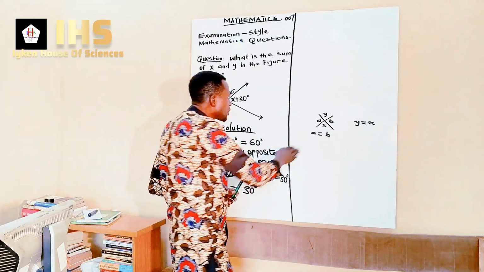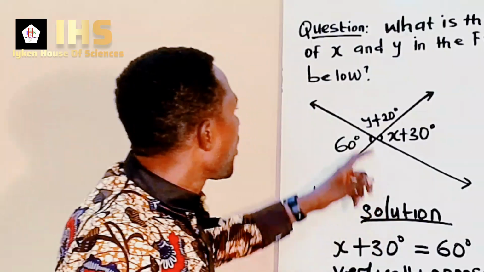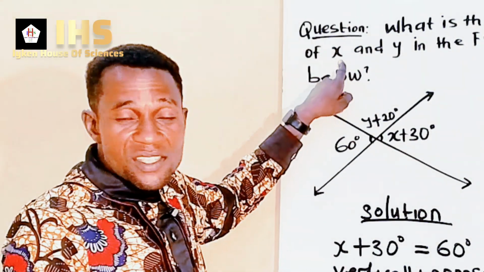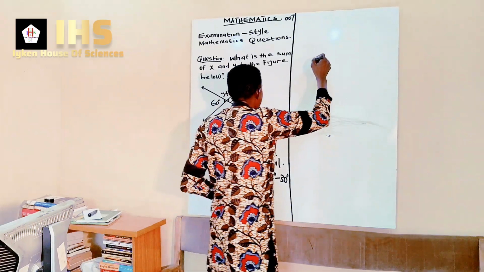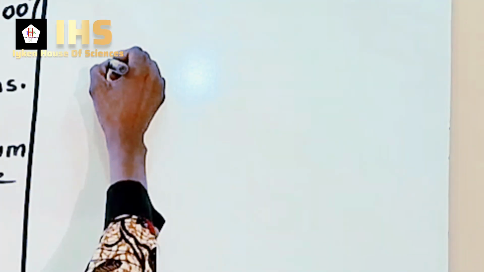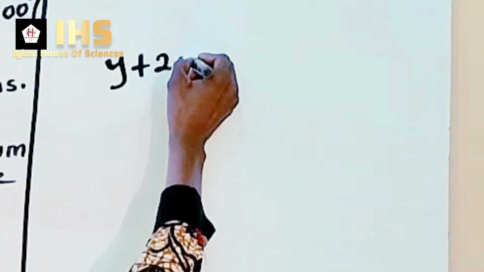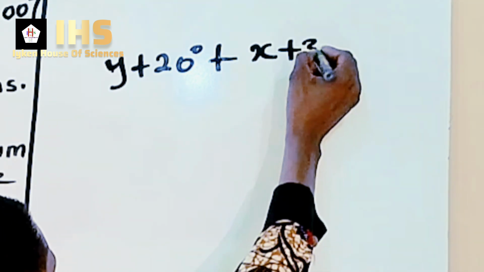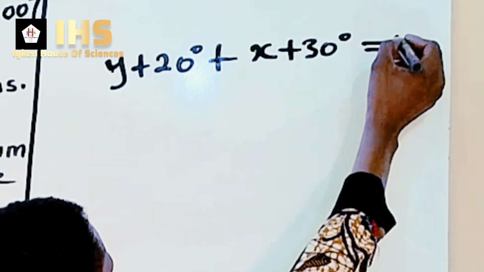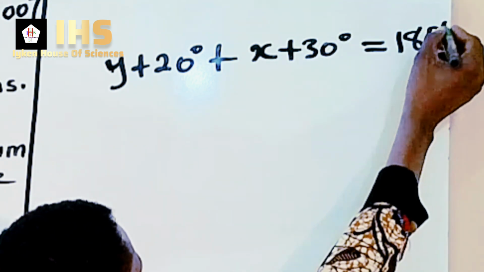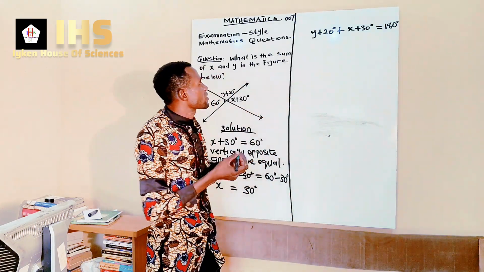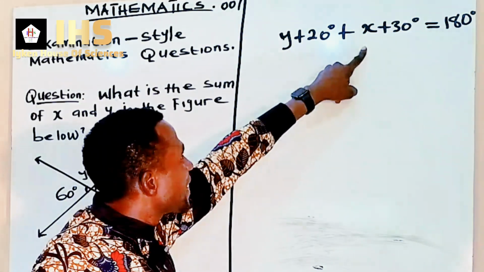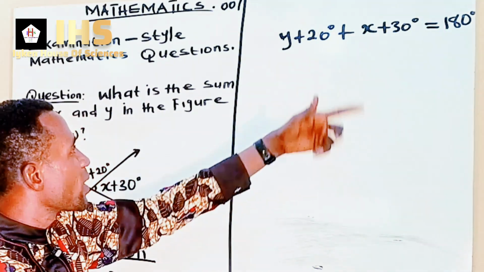The next thing we want to do is to find the value of y, because the question demands that we get the sum of x and y. So we have y plus 20 degrees, plus x plus 30 degrees, equal to 180 degrees.